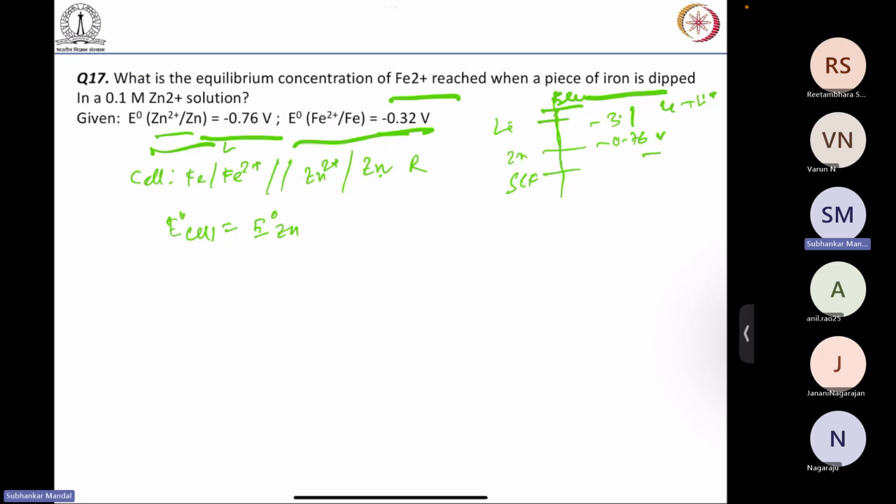A piece of iron is dipped in 0.1 molar zinc solution. No, that should be zinc, sir. A piece of zinc is dipped in 0.1 molar solution of Zn2+ ions. So in the place of iron, there should be zinc. Okay, now got it. So here is the zinc sulfate, and here is the iron sulfate, and here the iron rod, and here is the zinc rod, is it?